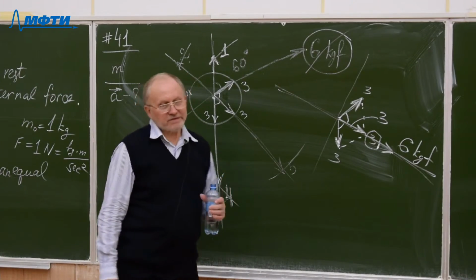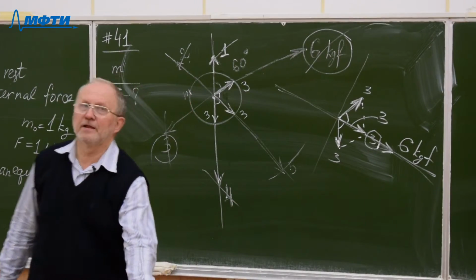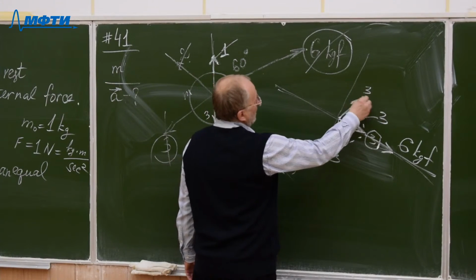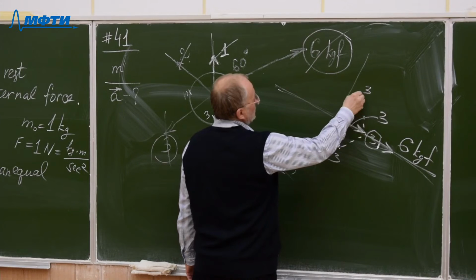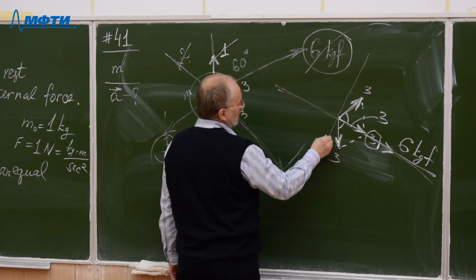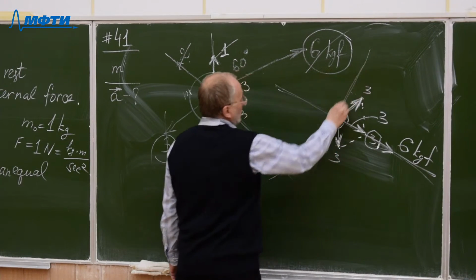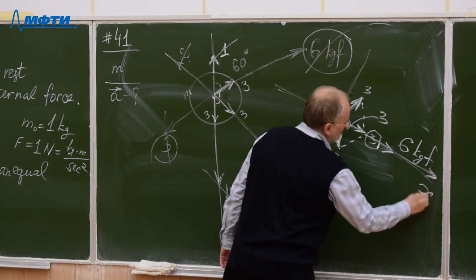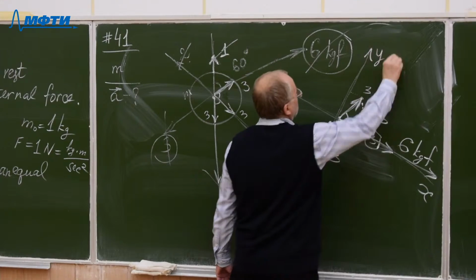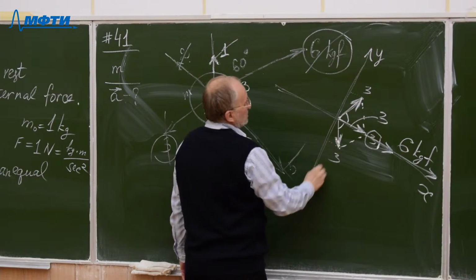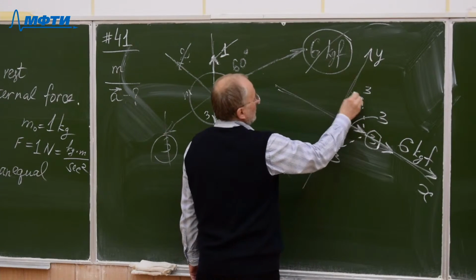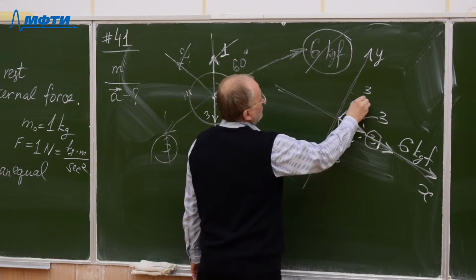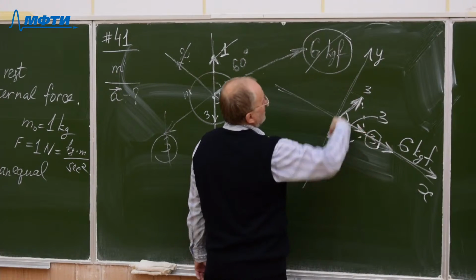You can put it in a slightly different way. You can say that we consider the projections of this vector and this vector on this direction, so this may be the x axis and this is the y axis. So we consider the projection of the vector 3 on axes x and y.